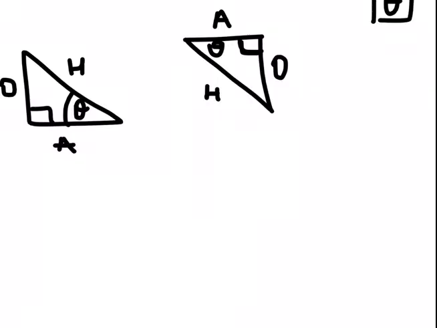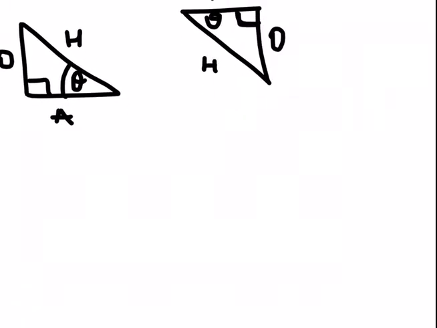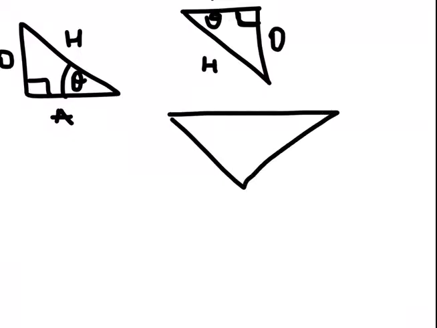So if you can know which side is the hypotenuse and which side is opposite, then you are done, because the hypotenuse is easy. Opposite will depend on where the angle is, and then the remaining side will be the adjacent side. So even if a triangle is like this, it doesn't matter the form or the shape.